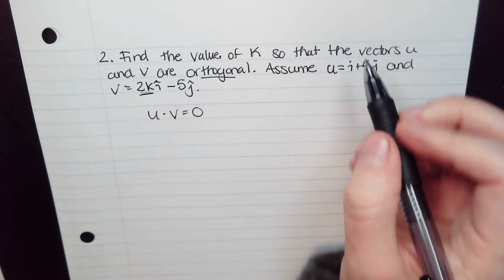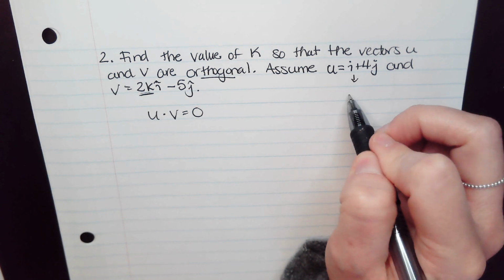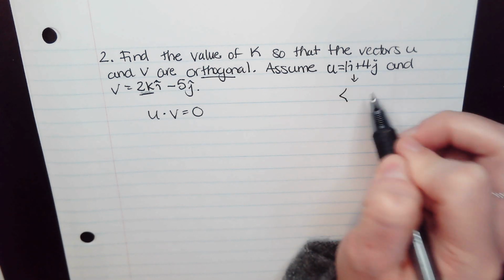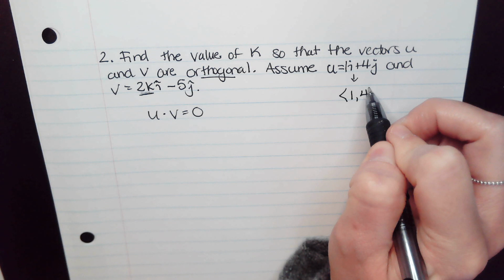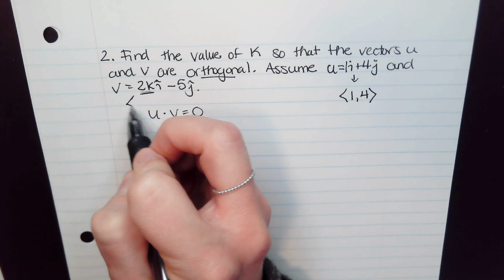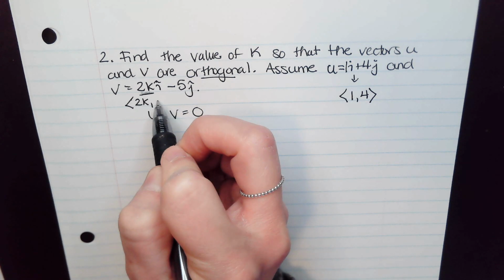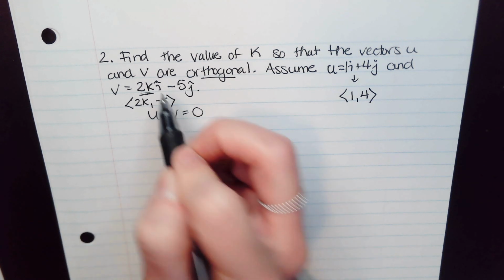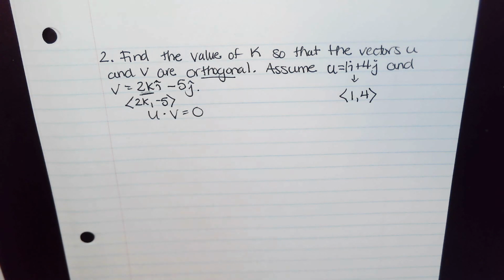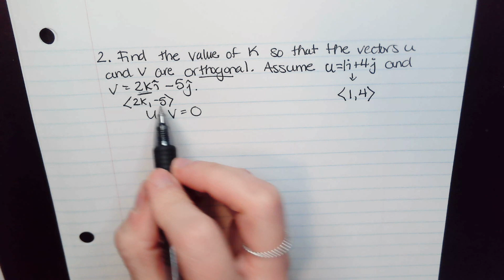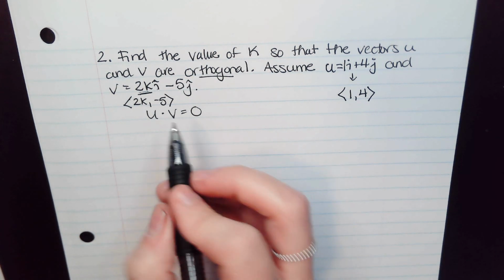If you need a little refresher, this is in component form. You would take the coefficient of i, which is a 1 and a 4. Here, we take 2k and negative 5. So everything that comes before the i and then the j. You don't need to rewrite these, but if that helps you, then go right ahead.